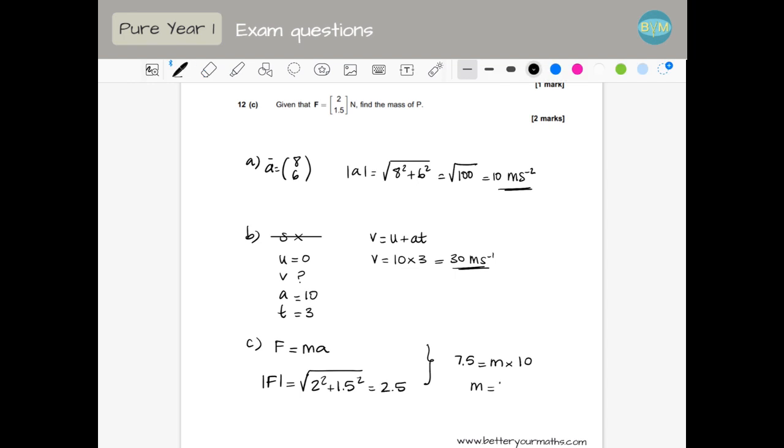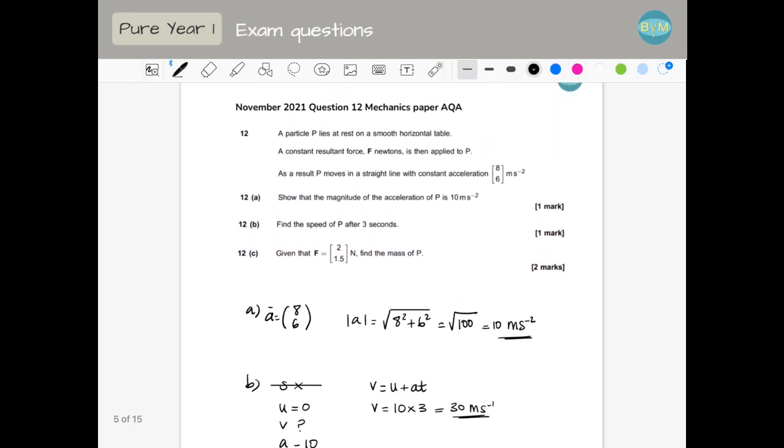That means the mass is 0.25 kilograms. So 2.5 divided by 10. And that's it. That's all with this question. It's a very, very quick question.